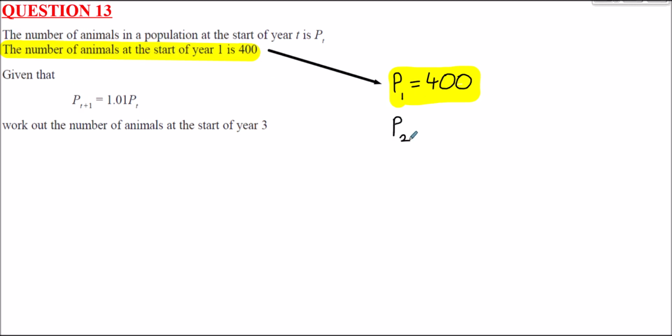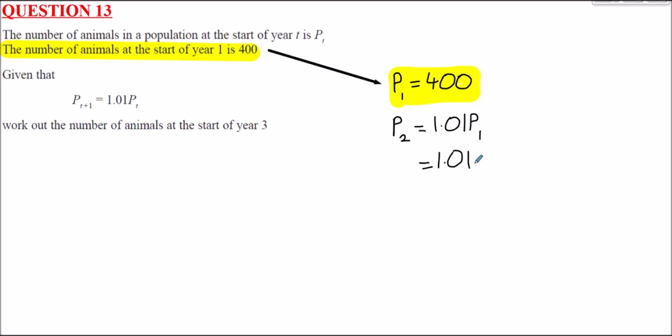So what it's saying here is P2, think of that as 1 plus 1, that's going to be 1.01 multiplied by P1. But we know what P1 is, because the question says population year 1 is 400.